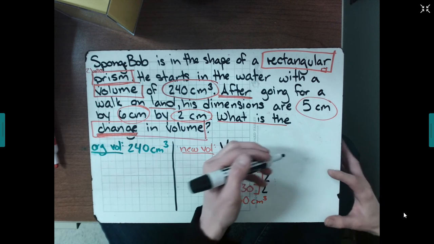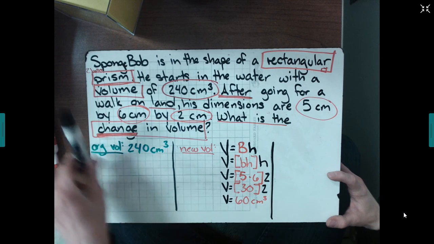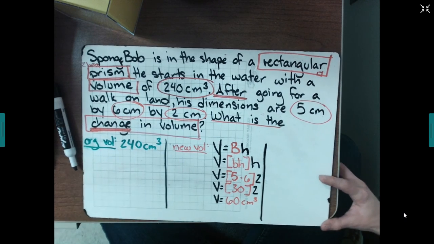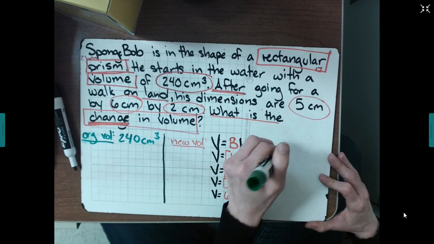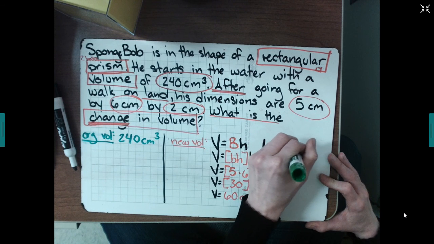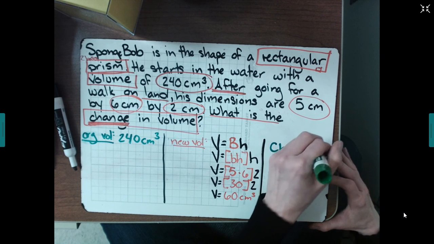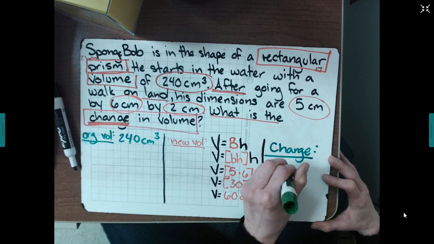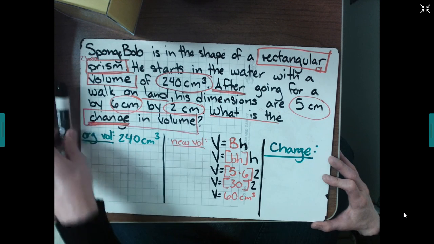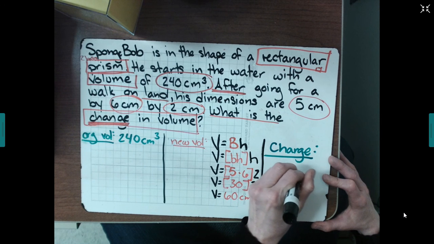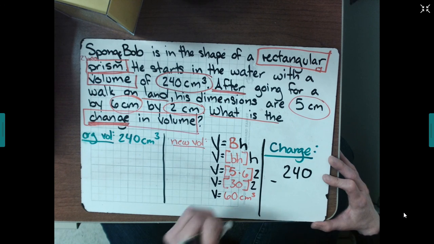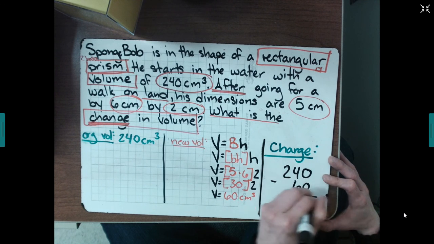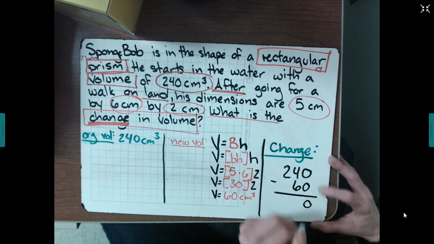Well, mathematically, we find the amount of change by subtracting. So I will put that here, change. We're going to have to subtract 240 minus the new amount, 60. 0 minus 0 is 0.